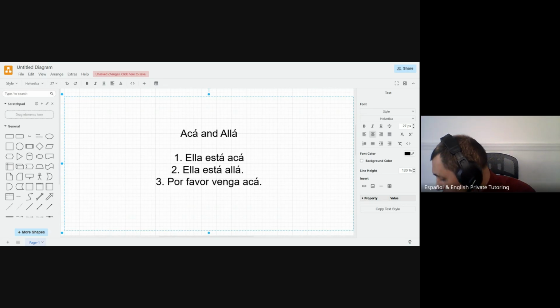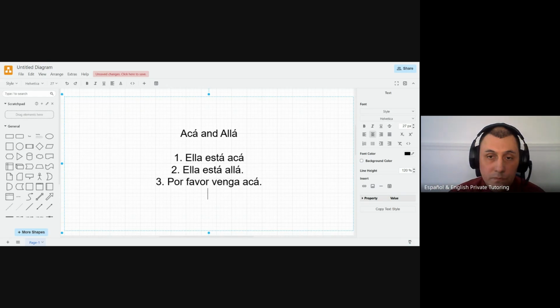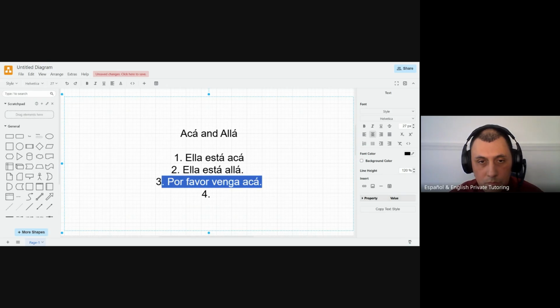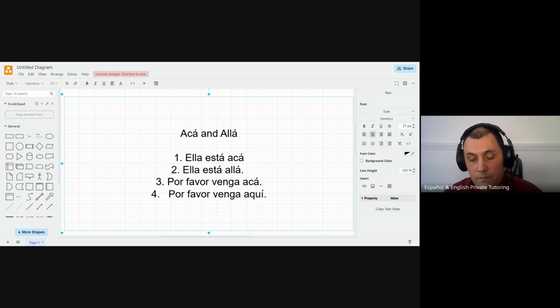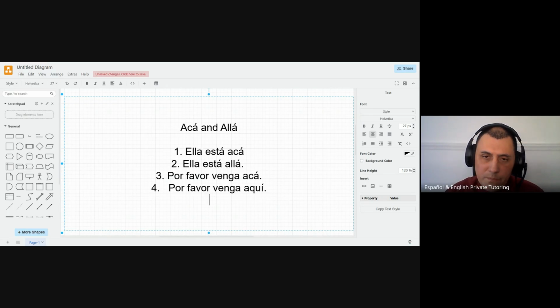What you are not allowed to do is the following. Por favor, venga aquí. The fourth one may be correct, but it's not very common in conversation. Por favor, venga aquí. Por favor, venga acá. Acá is more common.